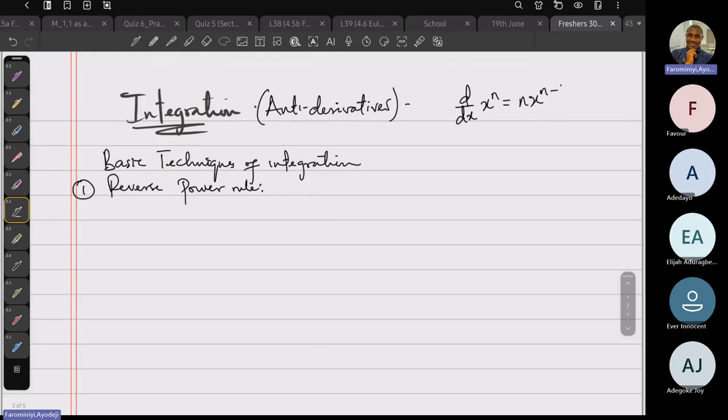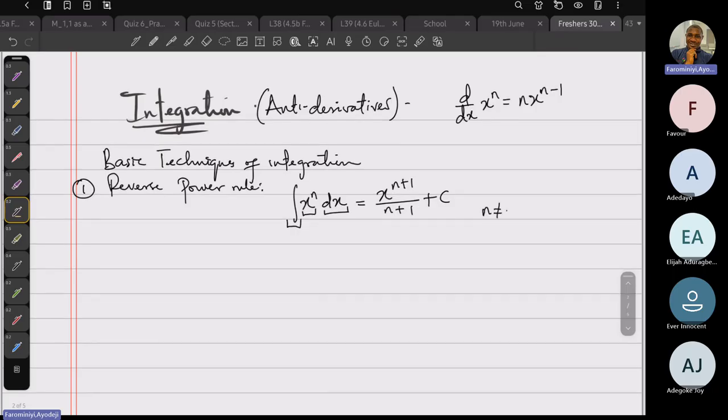So we subtract and we multiply in differentiation, but in integration, we do the opposite in the reverse order. So the integral of x to the power of n with respect to x is equal to x to the power of n plus 1 over n plus 1, plus c. This is only true when n is not equal to negative 1.